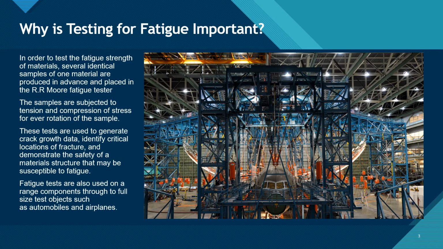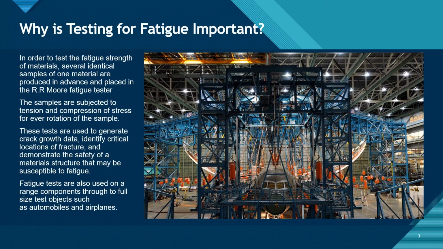Why is testing for fatigue important? In order to test for fatigue strength of materials, several identical samples of one material are produced in advance and placed in what we call an RR-Moore fatigue tester.